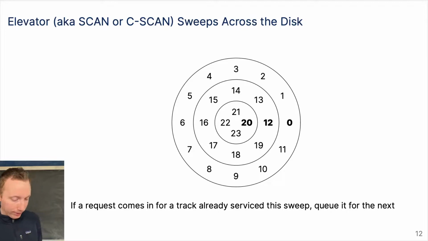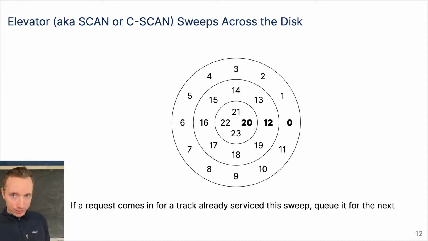So in this case, if we have requests for sectors 0, 12, and 20, no matter what order those requests came in, we would start our elevator at the bottom. So start at the outer track. We would read sector 0, then move up one track, then read sector 12, then move up one track, and then read sector 20.